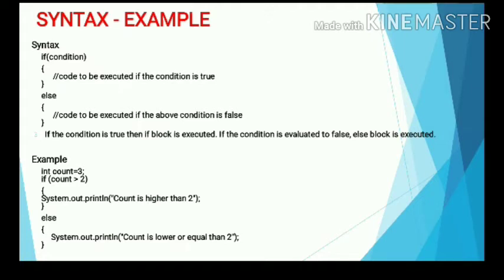Suppose the count is less than 2, then it comes to the else block. It will print the output as count is lower or equal than 2. In this example, our count value is 3. So the output of this example is count is higher than 2.